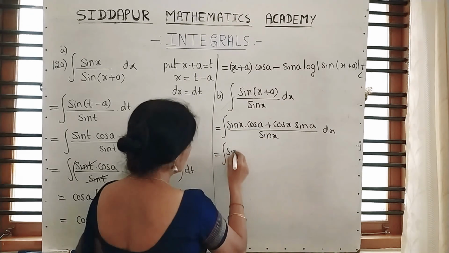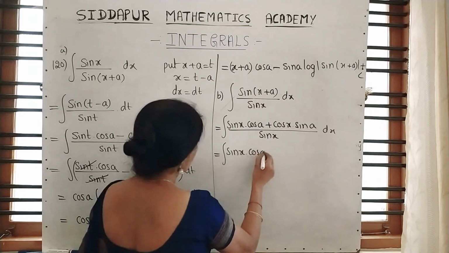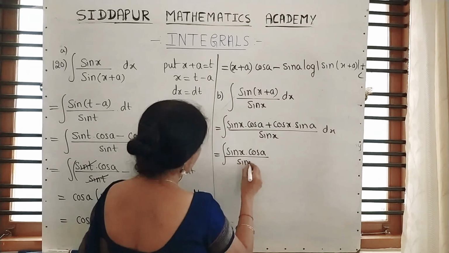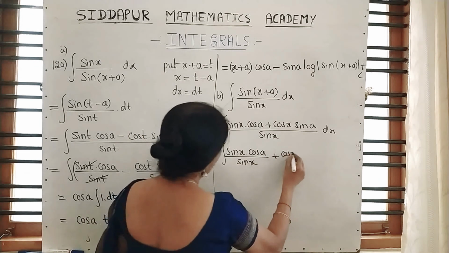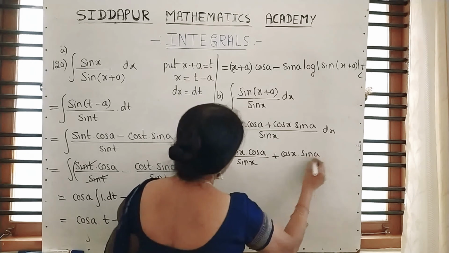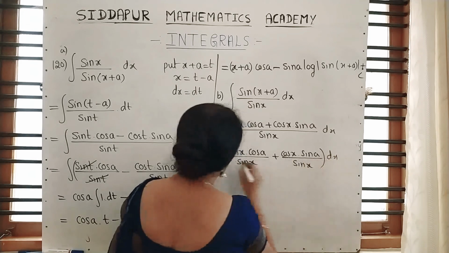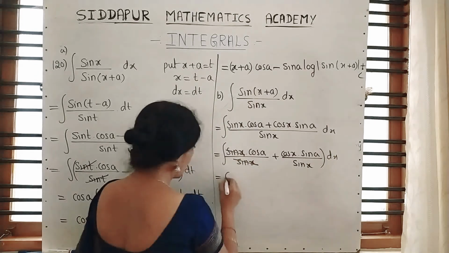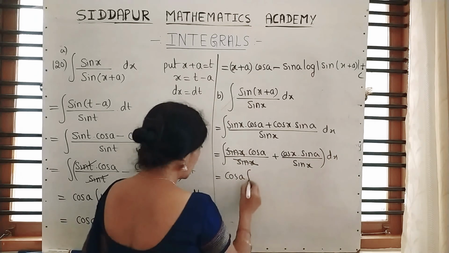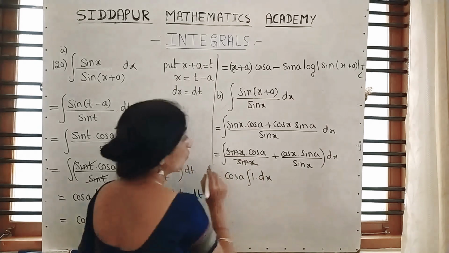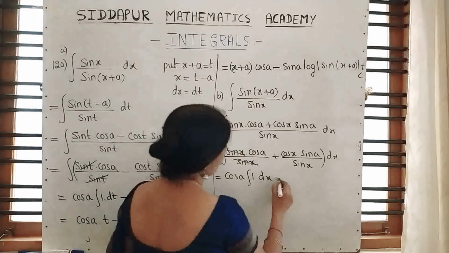Again as usual, sin x into cos a. Take the denominator separately. Here sin x and sin x get cancelled. Cos a, integration of 1 into dx, because we did not do any substitution.